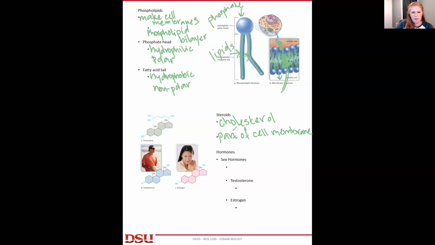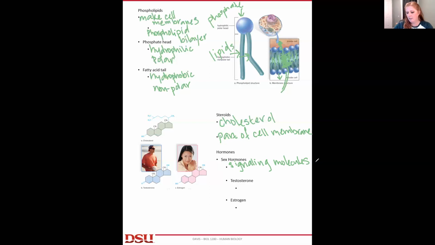These cholesterols are the building blocks for hormones. And of course, a lot of times when you think about hormones, you think about the sex hormones like testosterone and estrogen. Hormones are signaling molecules. We have lots of different kinds in our body. We've got thyroid stimulating hormone that helps with the regulation of our thyroid.